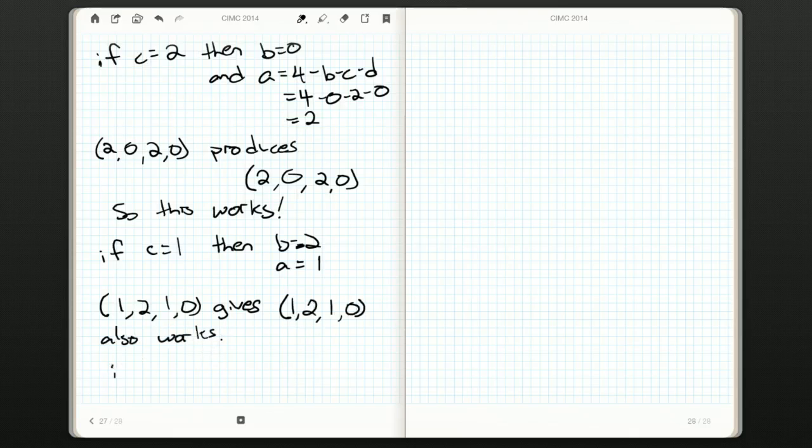Alright, and we have one more case, I think. Yep, C equals 0, then that forces B to be equal to 4. But any of our input numbers have to be 0, 1, 2, or 3. You can't have a 4 as part of an input string or an input list.